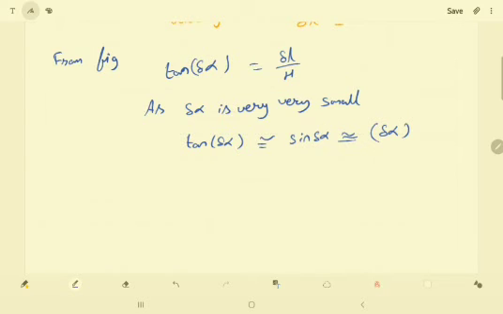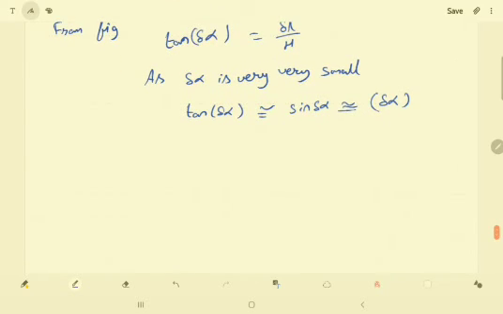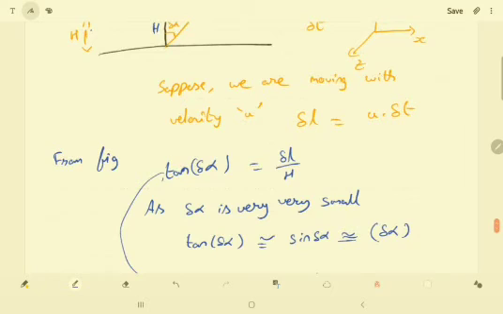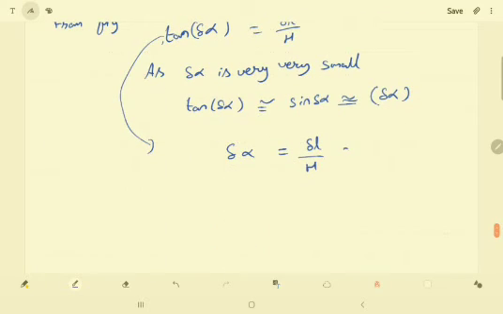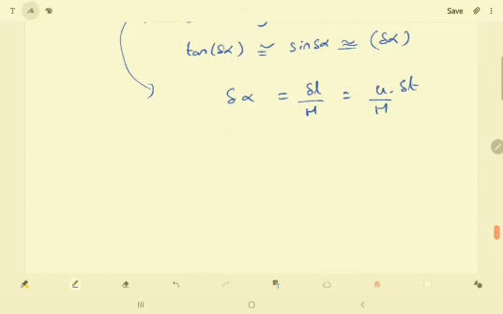Basic trigonometry it is. So here we can write delta alpha equals delta L by h. As delta L is u into delta t, you can write it as u into delta t by h. That means delta alpha by delta t equals u by h.